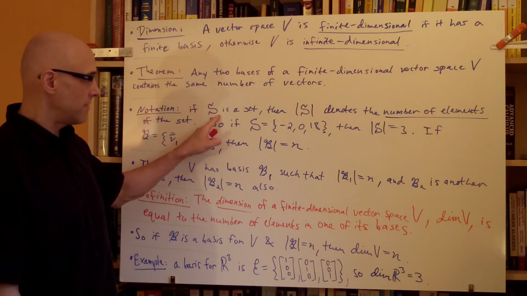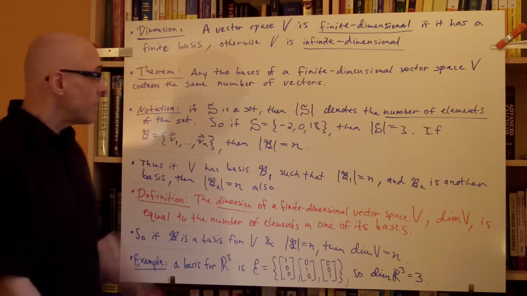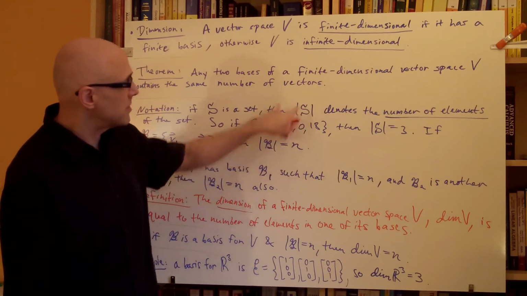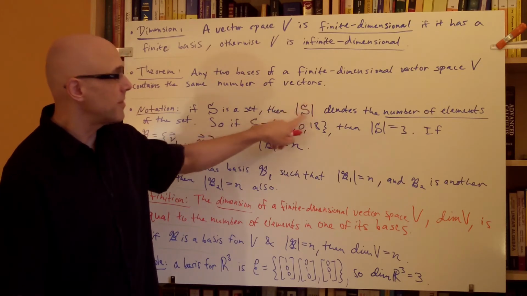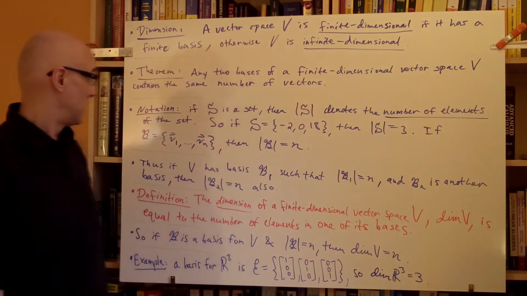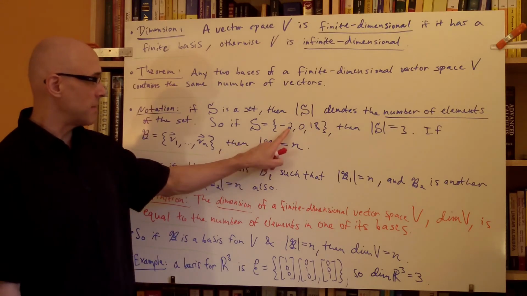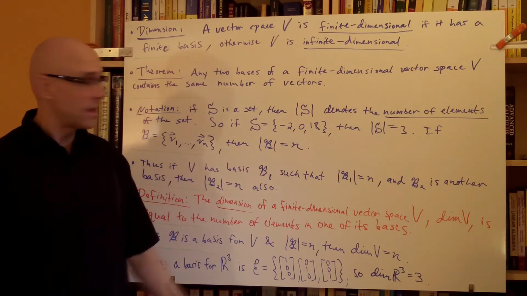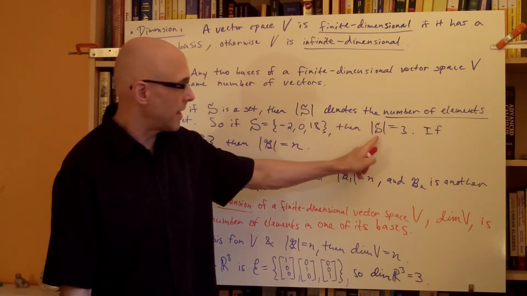If S is a set, in general, then putting bars around the S denotes the number of elements in the set S. So if S contains the elements -2, 0, and 18, then the number of elements in S is 3.